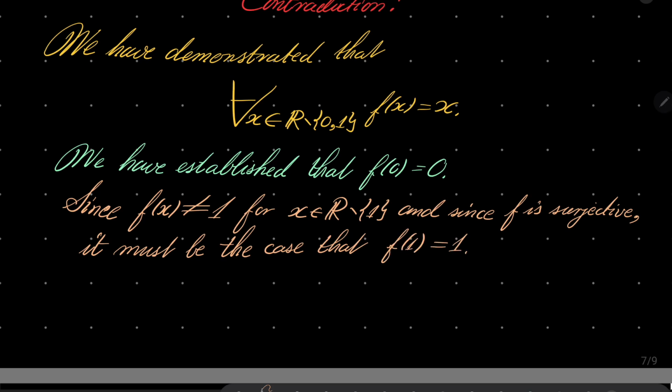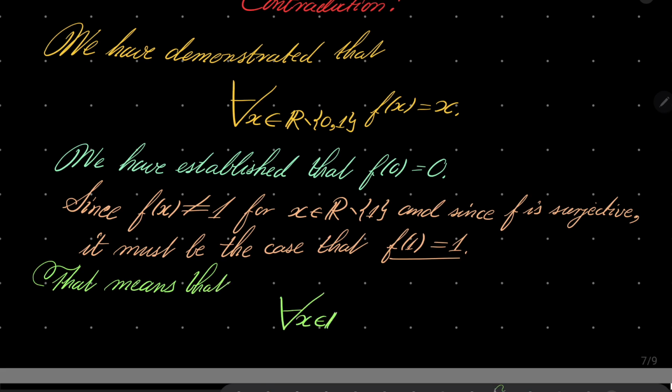Yes, because 1 has to be attained somewhere. It cannot be attained at any other argument than 1, so it must be attained at 1. Which means that in fact for every real number x, f of x is x.